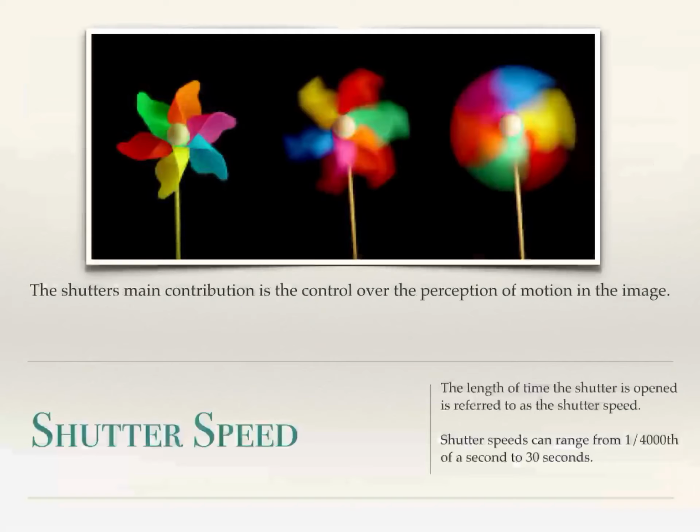The main purpose of the shutter is to control the perception of motion in your image. You'll understand what that means a little more in just a minute. The length of time that the shutter is open is referred to as the shutter speed. Shutters can range from 1/4000th of a second, so they could be opened super fast, to 30 seconds or a minute.